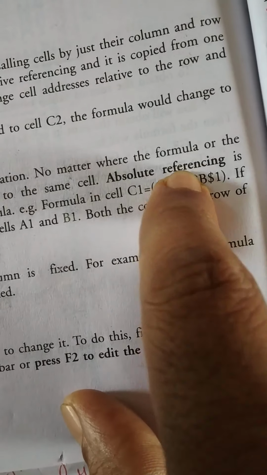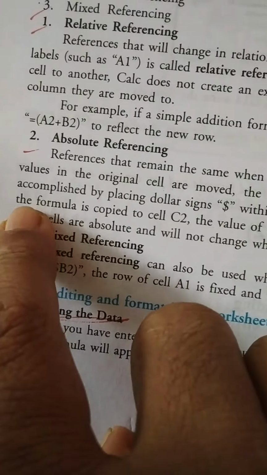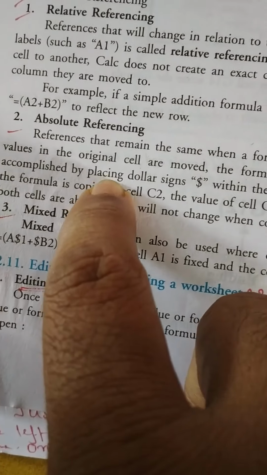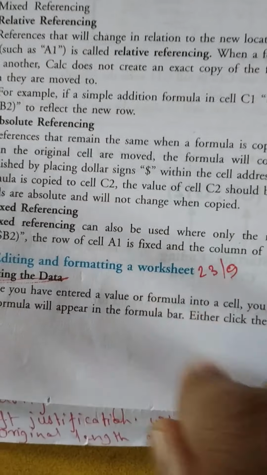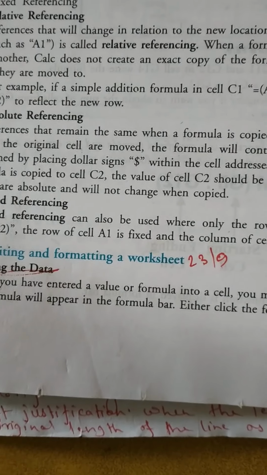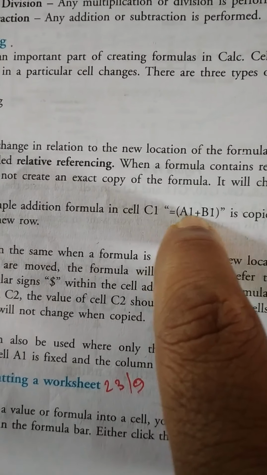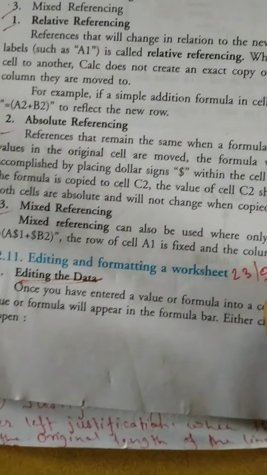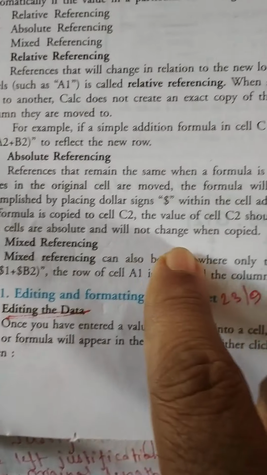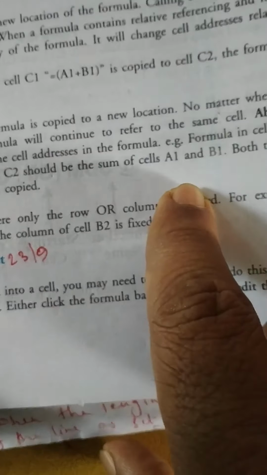Absolute referencing is accomplished by placing a dollar sign, और उसको हम लोग absolute referencing में क्या करते हैं? dollar sign लगाते हैं. See here, in relative referencing no dollar sign is used, but in absolute referencing you will see the dollar sign. I'll show you.